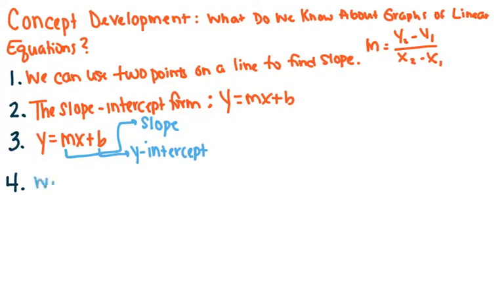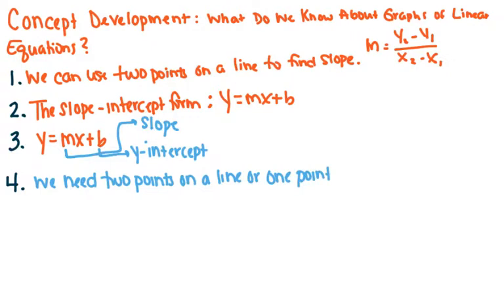So we need 2 points on a line or 1 point on a line and the slope to write the equation of a line.